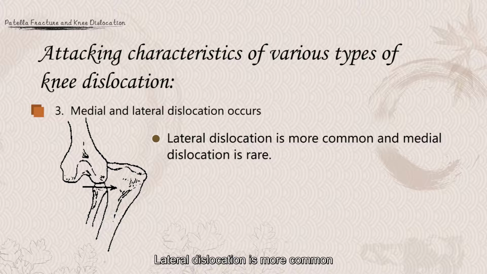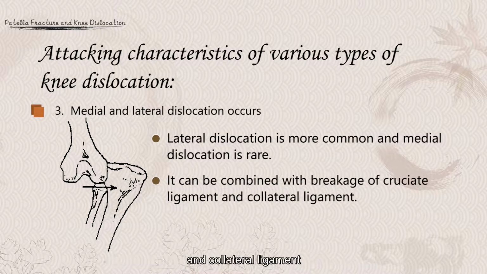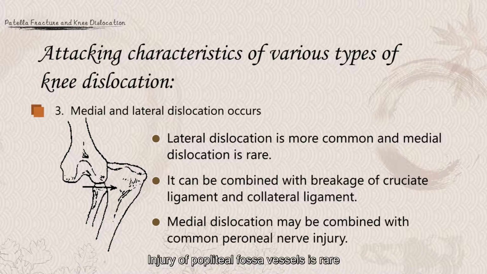Lateral dislocation is more common and medial dislocation is rare. It can be combined with breakage of cruciate ligament and collateral ligament. Medial dislocation may be combined with common peroneal nerve injury. Injury of popliteal fossa vessels is rare.